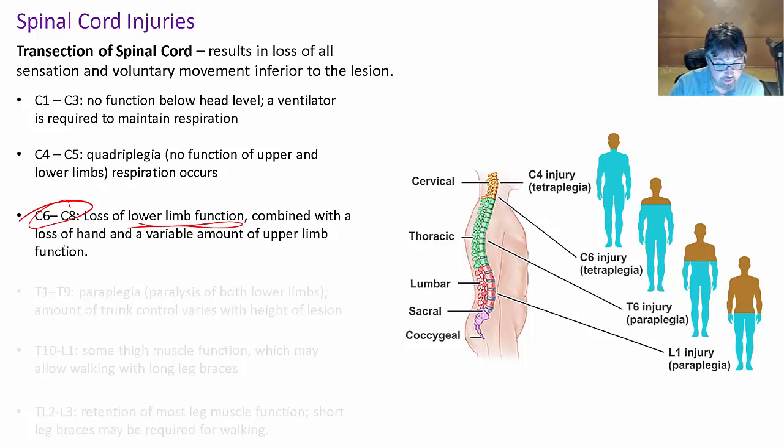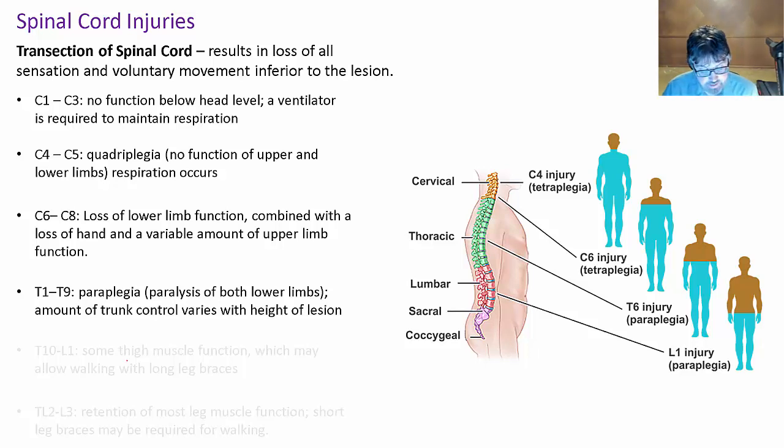And you would also have a loss of hand and a varying amount of upper limb function because you've transected some of those roots or cords or divisions, depending on where it's at. Actually, this would be in the spinal cord itself. So all that would be gone. But you would still have a little bit because you would have contributions from above that brachial plexus, C5 and C6, for example.